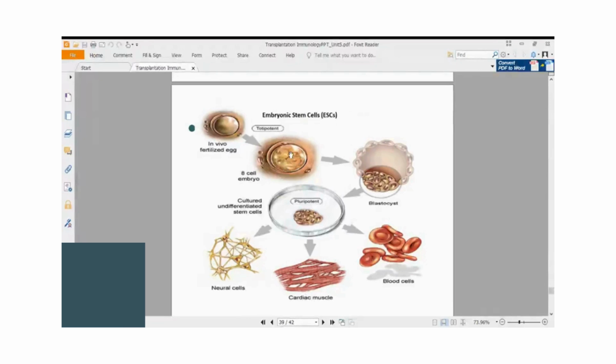Whereas when you use the early embryonic stem cells, at the 8-cell stage, not yet fully formed into a blastocyst and not differentiated at all, they are totipotent stem cells. Nowadays, in vitro fertilization technology is available.